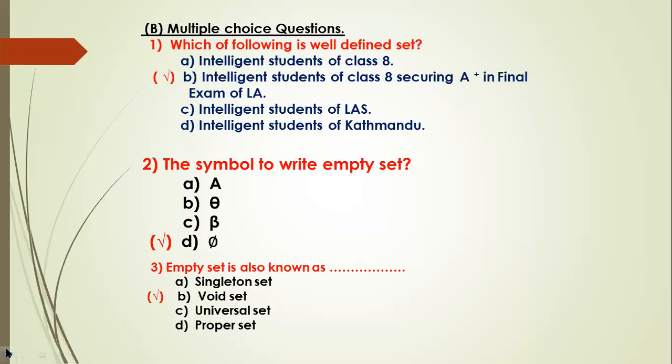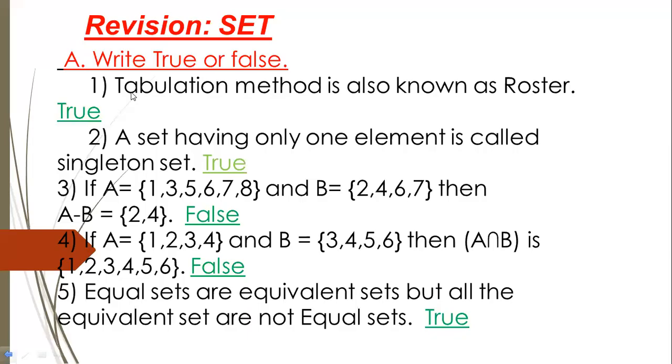First one: tabulation method is also known as roster method. True. A set having only one element is called singleton set. True. If A equals 1 3 5 6 7 8 and B equals 2 4 6 7, then A minus B equals 2, 4. It's false.